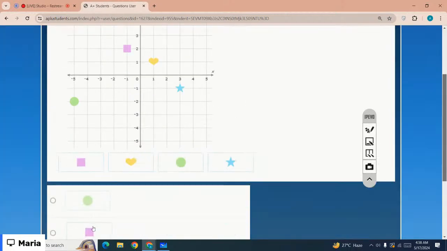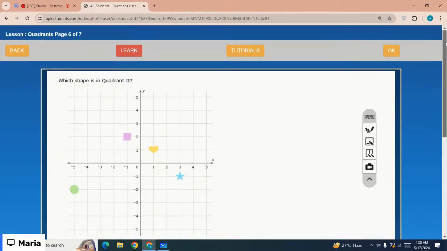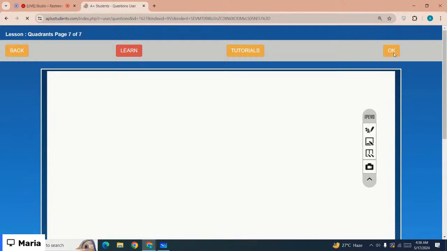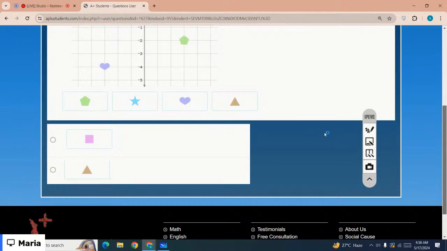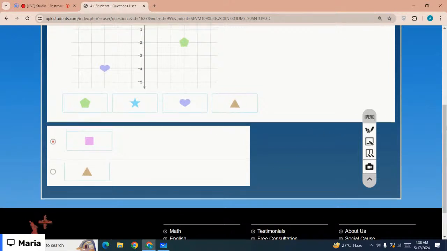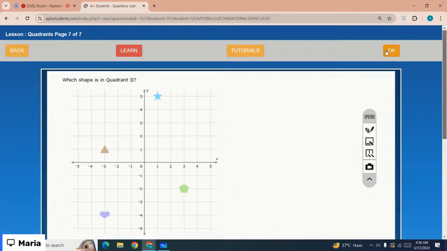The correct option is square. Which shape is in quadrant 2? Again, that's a square, right?